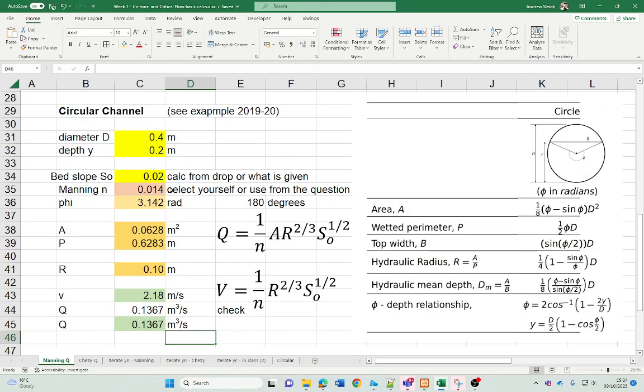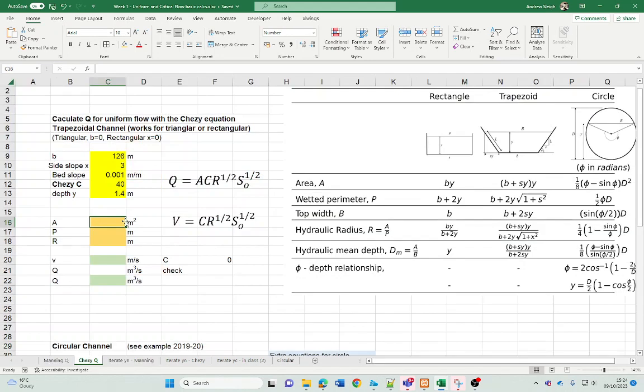I could copy these three over, but I'm going to put them in properly. A is equal to B plus side slope S times the depth times the depth.